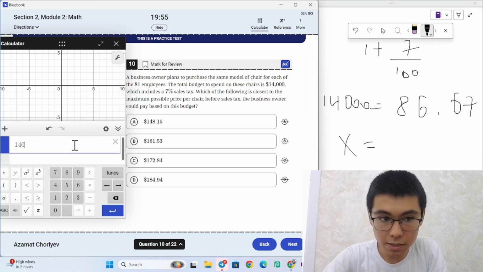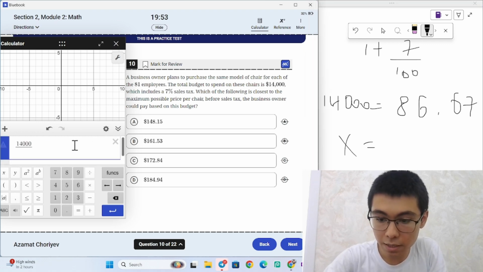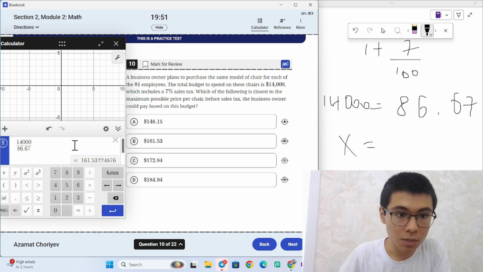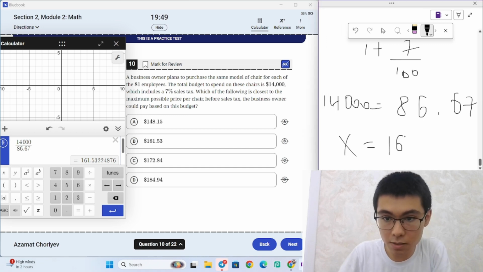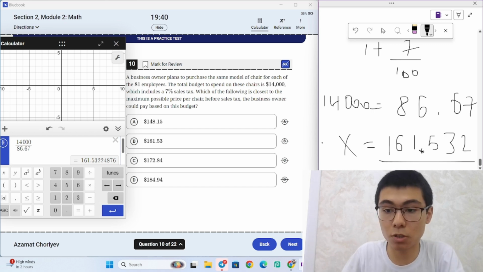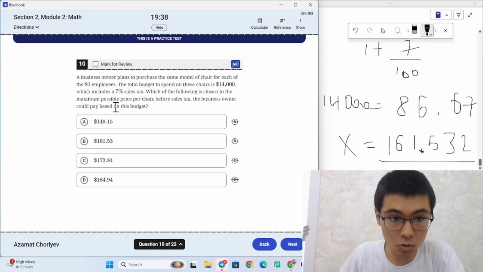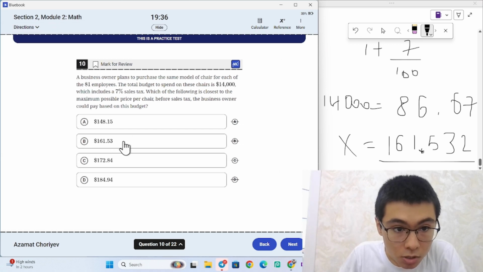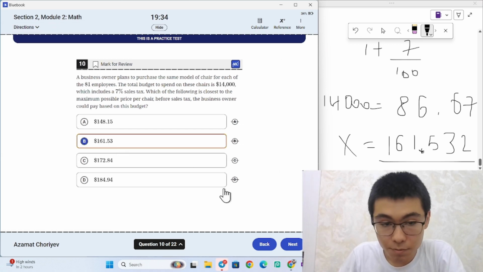So 14,000 divided by 86.67, I get 161.532. So this is the maximum price per chair that a business owner can spend. So here I have it.